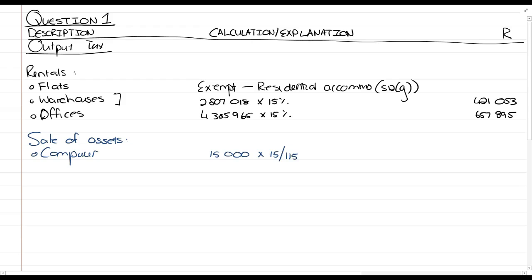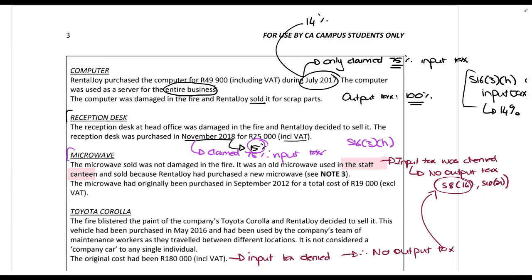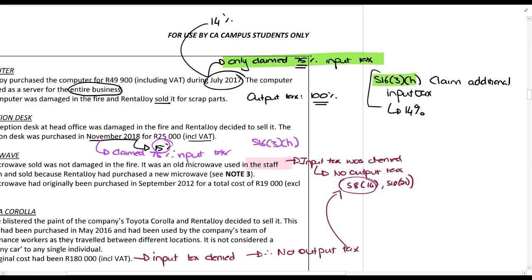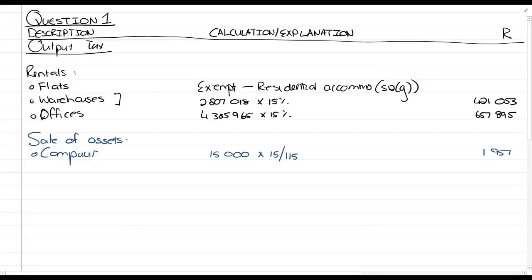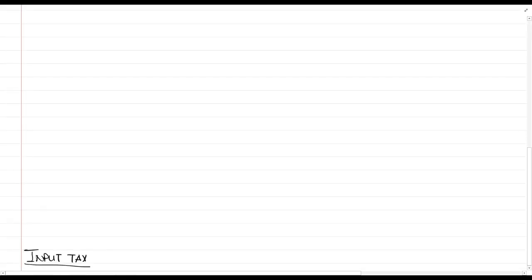So 15 over 115. Now, what is important about this computer? We are calculating it basically at 100%, remember? Because all output tax is at 100%. But we could only claim 75% input tax when it was purchased. So now we can claim additional under section 16(3)(h). So we go to our input tax section.